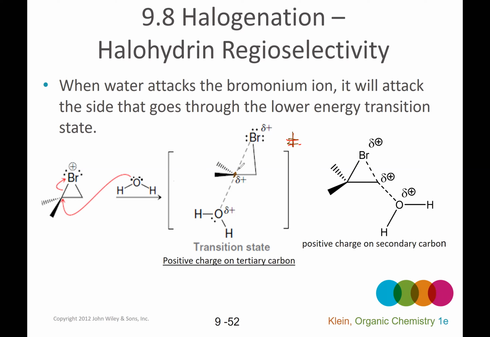Now, it's believed in the transition state for these reactions, because this three-membered ring is very strained, there's a lot of angle strain, that that bond in the transition state is extensively broken. It's broken to a very great extent. As that bond breaks, positive charge develops here.